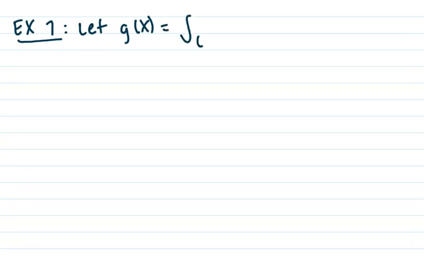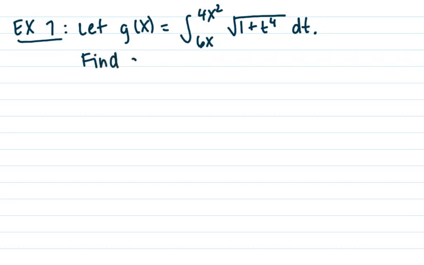So we're going to have the example 7 that says let g of x equal the integral from 6x to 4x squared of the square root of 1 plus t to the 4 dt. Find g prime of x.